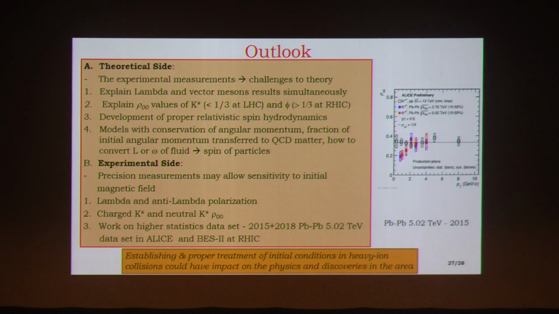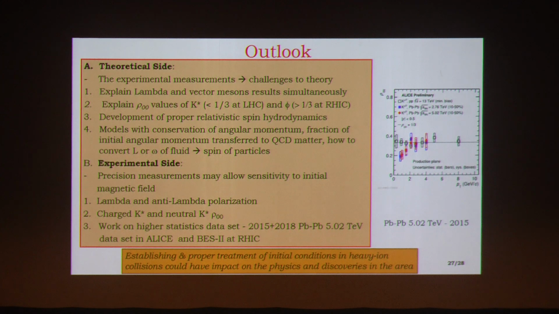in our field, like the collective elliptic flow measurements triggered the development of relativistic hydrodynamics. Now spin has to be included, or is being included. Then models with conservation of angular momentum have to be there, and what fraction of this initial angular momentum gets transferred to the QCD matter is something which has to be figured out.